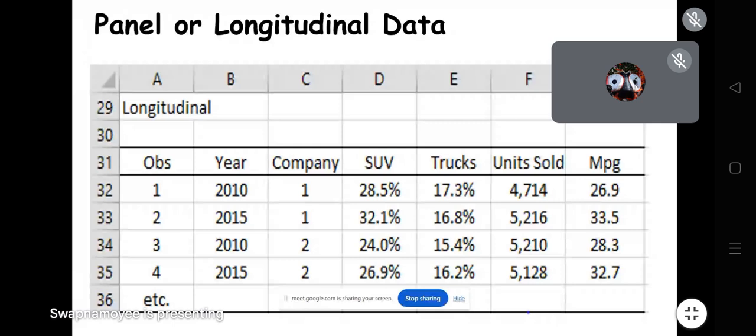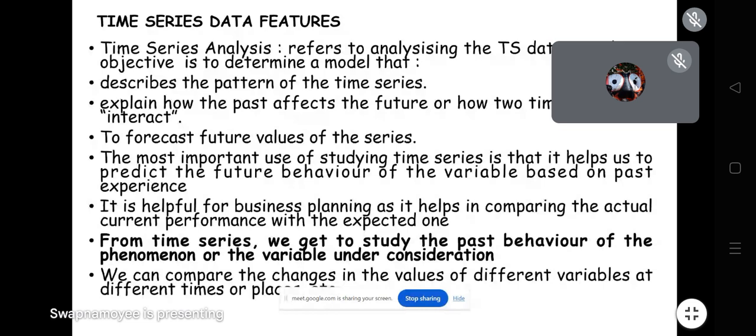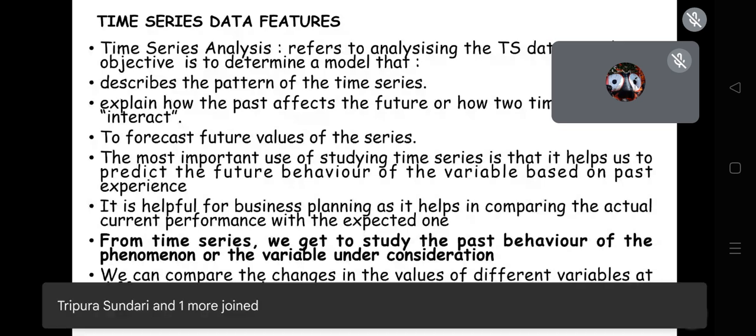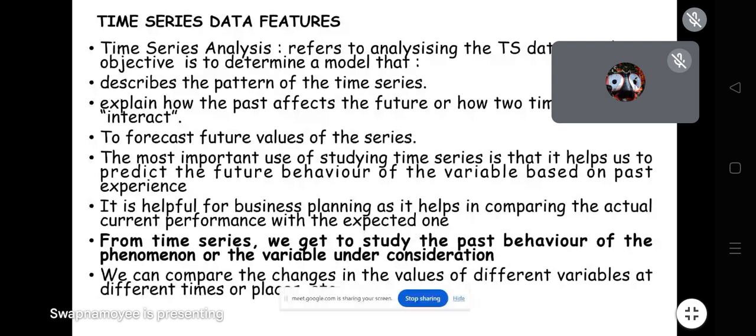Now let us focus on time series data. I have shown you how it is different from the other types of econometric data we have. So coming to time series analysis, what we do is analyze the time series data. When I talk about analyzing the time series data, what it means is we identify the pattern, so that whatever seasonality or autocorrelation is there, we can remove them all, get white noise data, so that we can use the past data to predict what is going to happen in future.